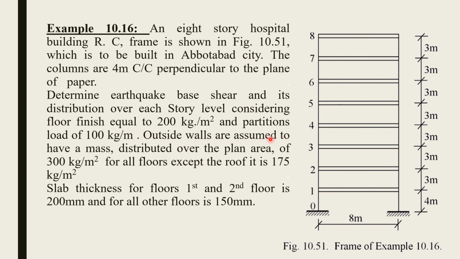Outside walls are assumed to have a mass distributed over the plan area of 300 kg per meter square for all floors except the roof. In the roof, the outside wall load is 175 kg per meter square. Slab thickness for the first and second floors is 200 millimeter, and for all the other floors it is 150 millimeter. Okay, now I will explain the example.